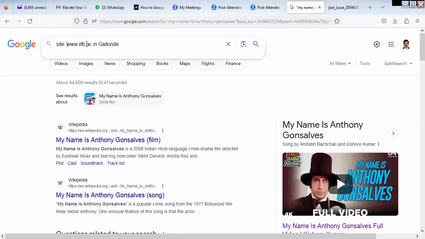Like I am referring to the site www.iitb.ac.in, IIT Bombay. Then I want to search the name Gaitonde. Gaitonde is one professor in the mechanical department. Whatever pages are there in the website that I want. So I will just click this.